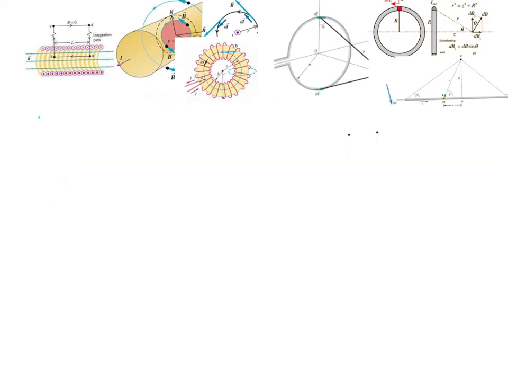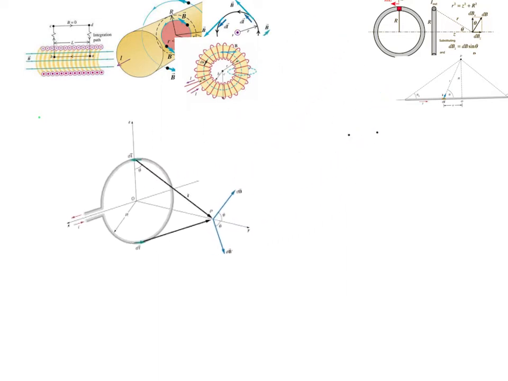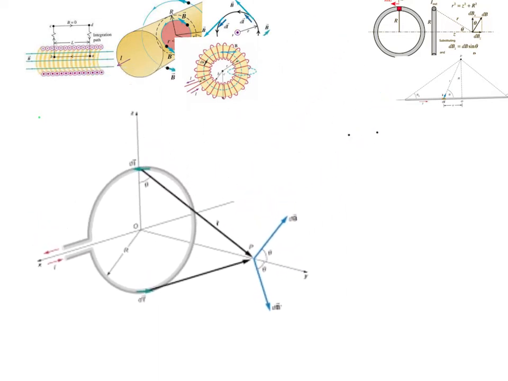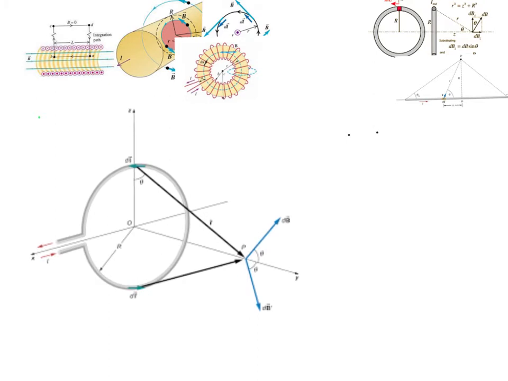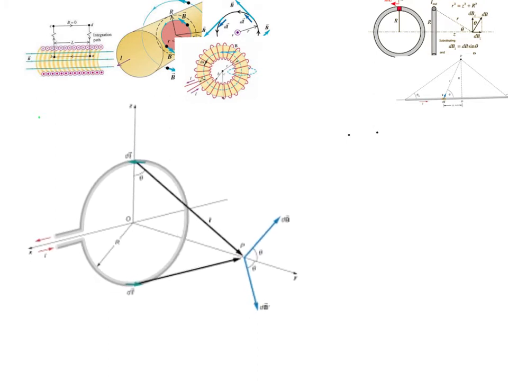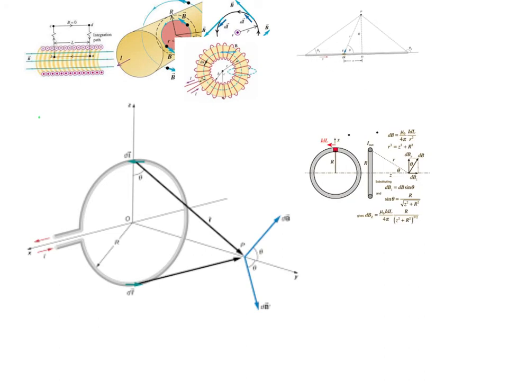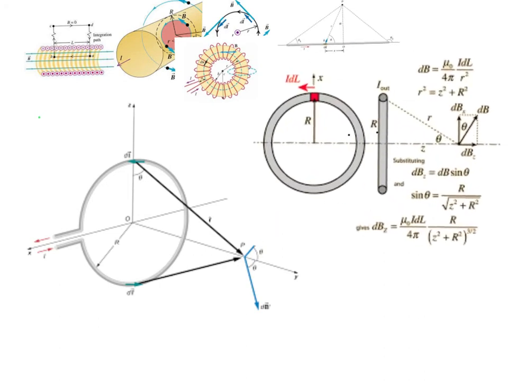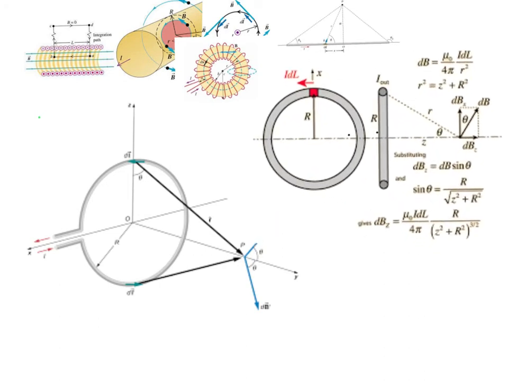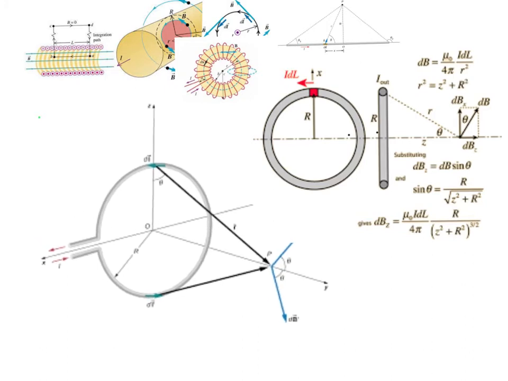So for problem 16, we want to take the current loop and find the field away from the center along an axis through the center. And we're going to use both of these figures to do that. They give us different perspectives, different angles.